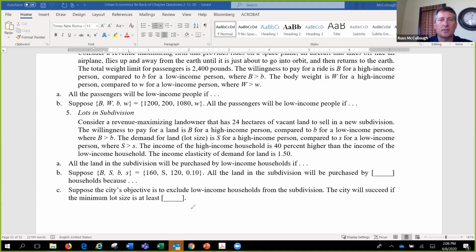So if somebody would like to share what they did here on all the land in the subdivision, the answer key was, let's see, number 5. Big B is 60% larger than little b. Big B is greater than 60% larger than little b. I guess maybe that's kind of a weird way, but some of you figured this out. Who wants to share their work?